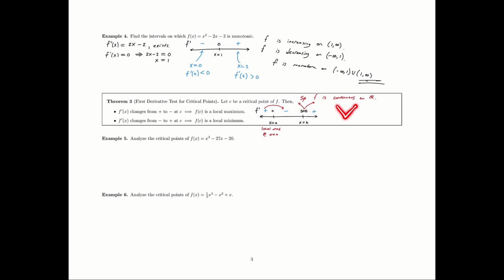It just has this sharp transition from negative to positive. It doesn't actually pass through 0. This would still be a local min, though, in this case. So really, the important thing is if our function goes from positive to negative, we're going to have a local maximum. If it goes from decreasing to increasing, we're going to have a local minimum.